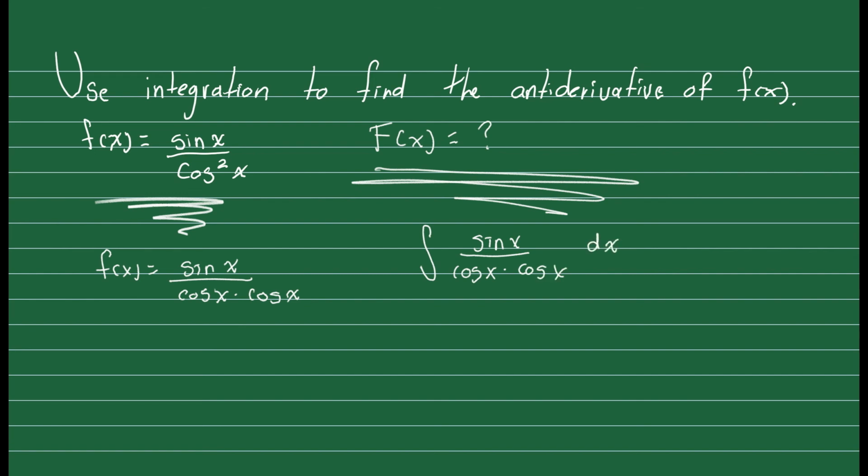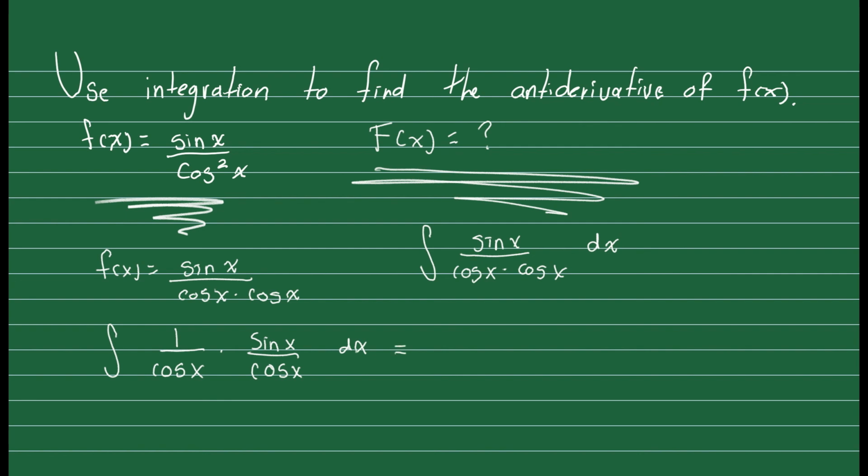So let's see, we can go ahead and separate this as two fractions, all right? So this becomes the integral of 1 over cosine of x times sine over cosine. They are equivalent, all right, the x.